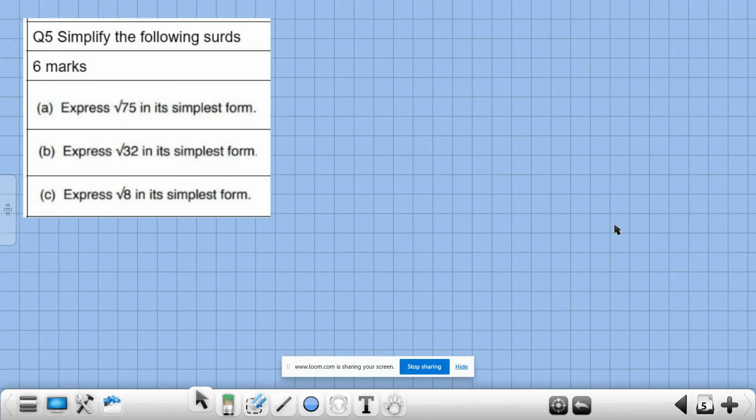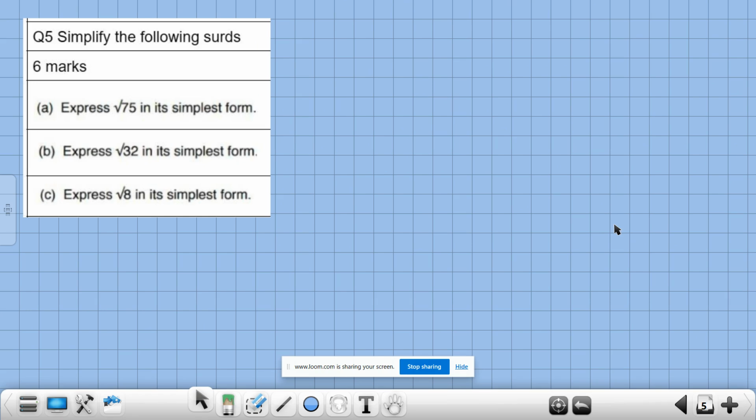So it says simplify the following surds, and we know that a surd is where you've got a square root, but the number within the square root is not a square number, so you're not going to get a simple integer answer. It's actually going to come out as an irrational number.